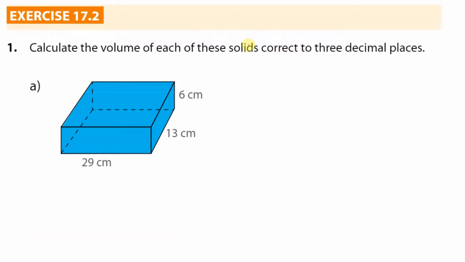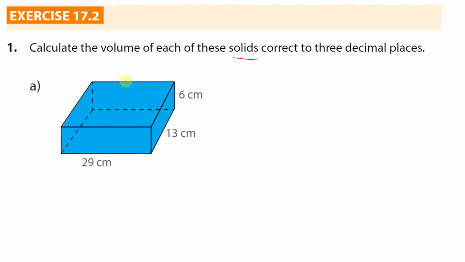Now that we have gone through the basic formulas, let's apply them by using exercise 17.2 to illustrate. Firstly, we have to calculate the volume of each of these solids, correct to 3 decimal places. Solids, remember, means three-dimensional figures. Firstly, we need to identify what kind of solid we have.